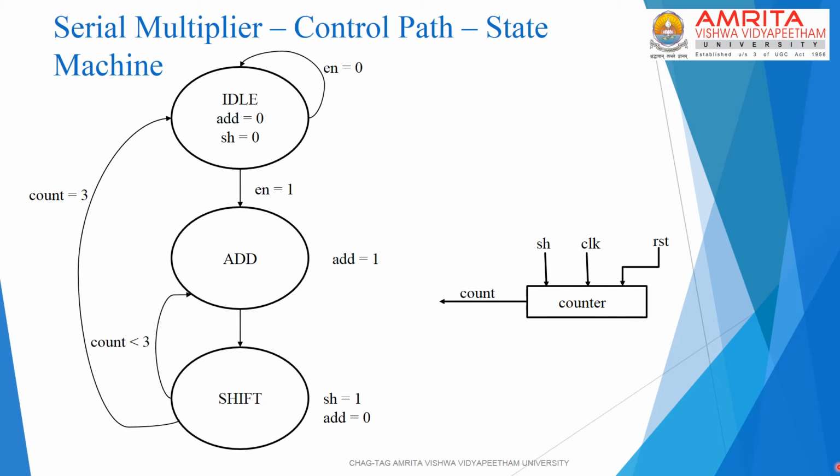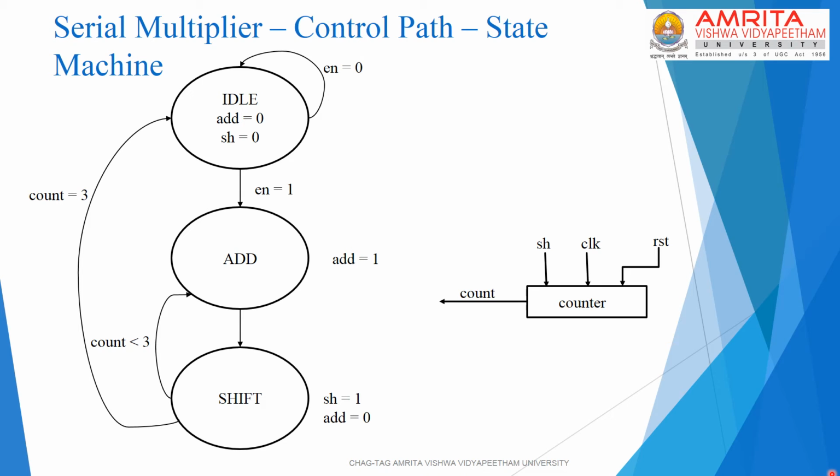That is, the shift signal always succeeds the add signal. Logically, therefore, the shift state in the state machine will follow the add state. Of course, this transition is dependent on the value of the count. Therefore, the state machine has the count value of the counter as one of its inputs. The other input is, of course, the enable signal.